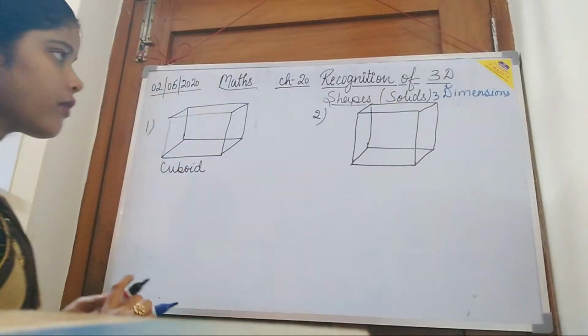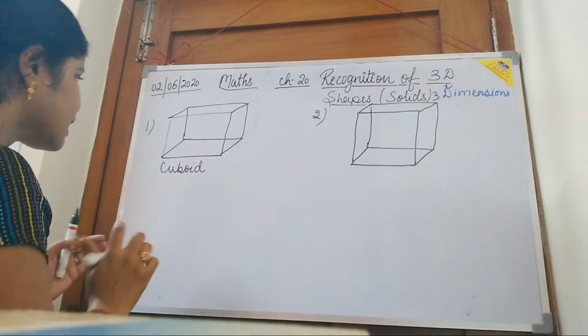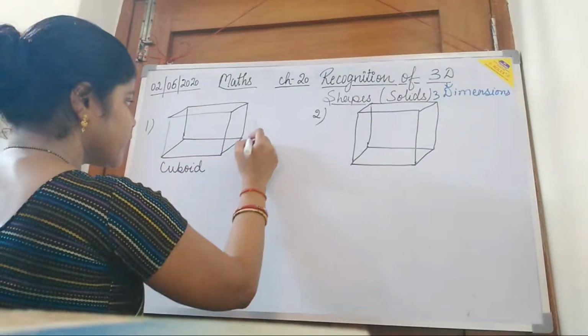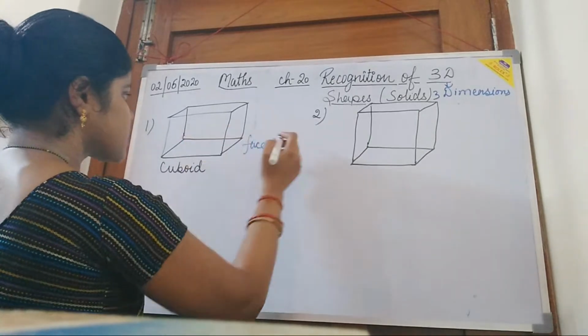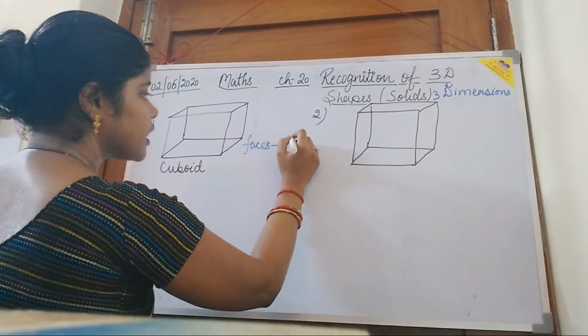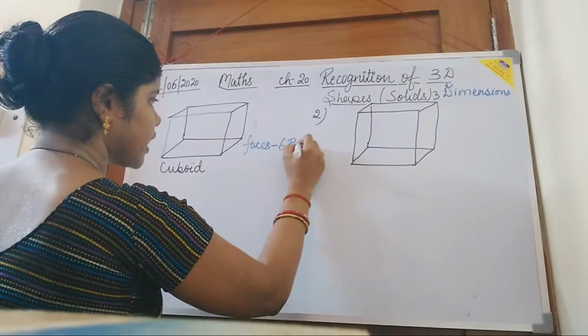So both are having the same faces, but here they are quite different along its faces. So faces here in this cube we are having 6 rectangular faces.